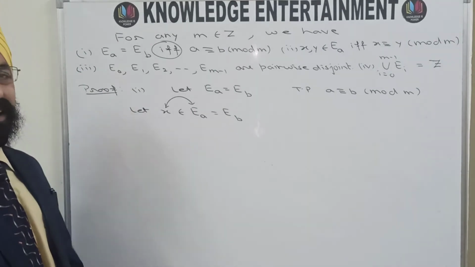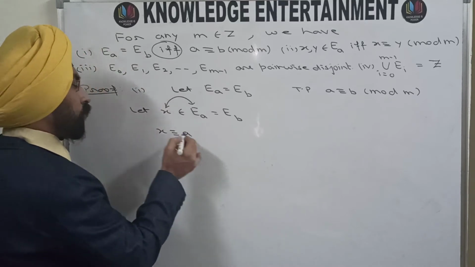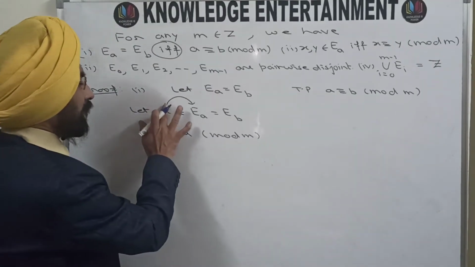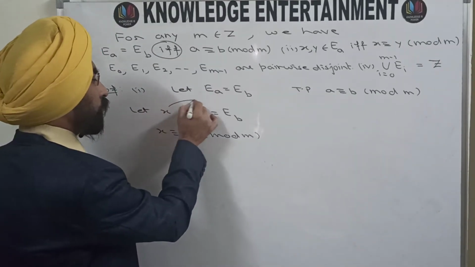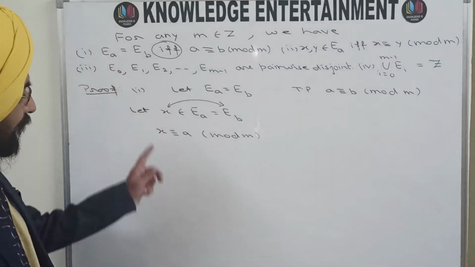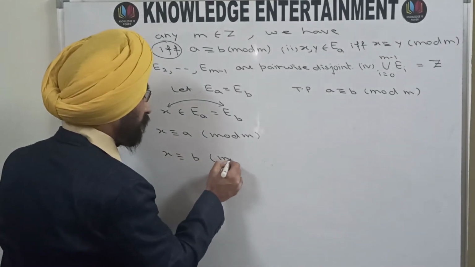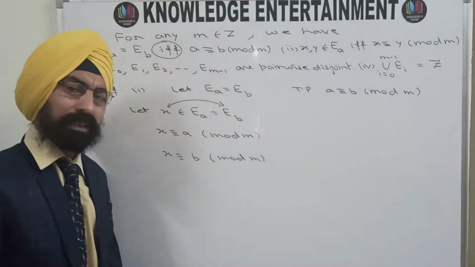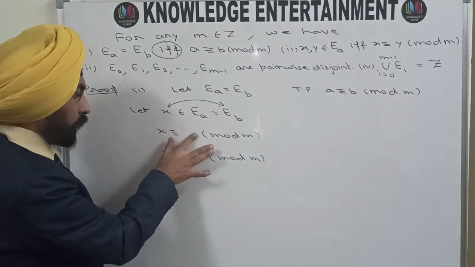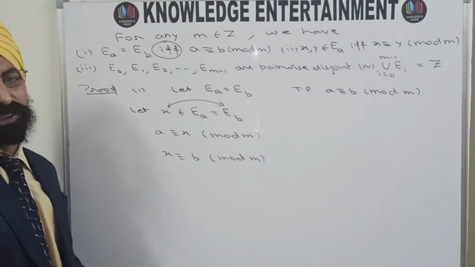So if X is in EA, that means X is congruent to A, or you can say A is congruent to X modulo M. And once again, look at this: X belongs to EB, and X belongs to EB means X is congruent to B modulo M. Now, read it like this. X is congruent to A means A is congruent to X. Why? Because the congruence property is symmetric in nature.